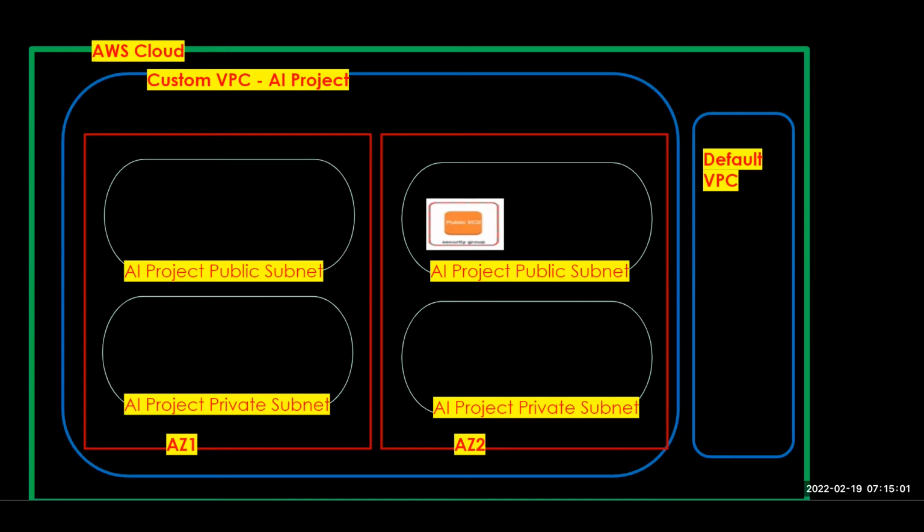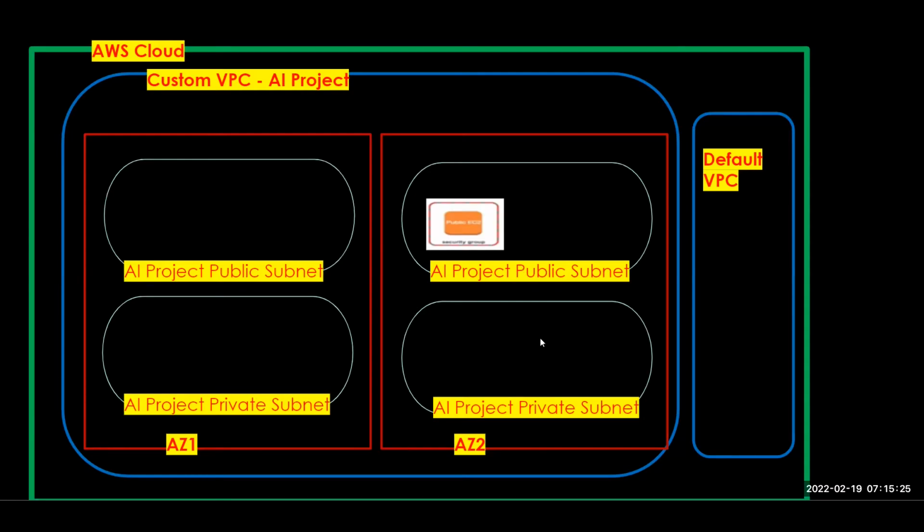I will not launch the database in the public subnet. If I launch the database in the public subnet, it is like public information, and anyone over the internet might be able to access my database. Instead, I will place my database inside a private subnet.